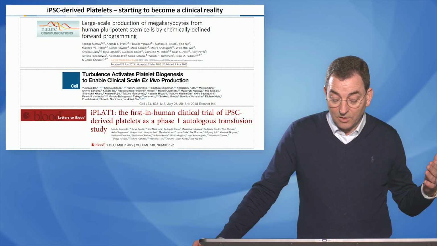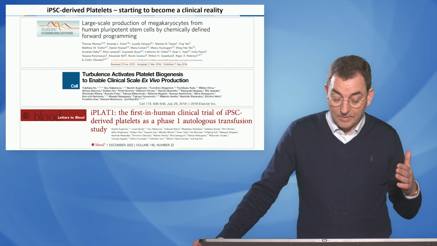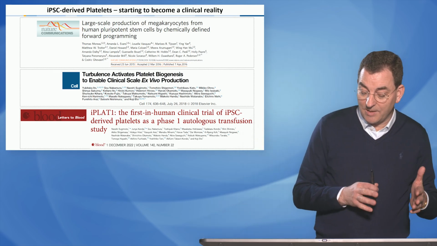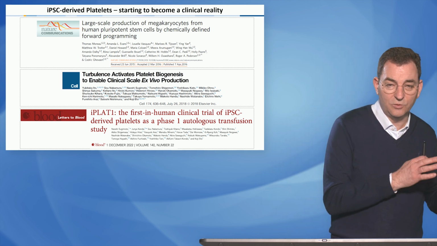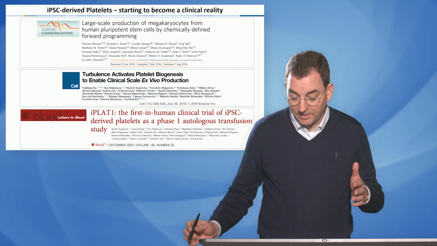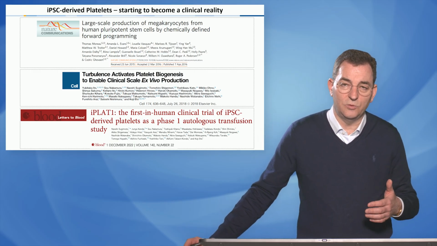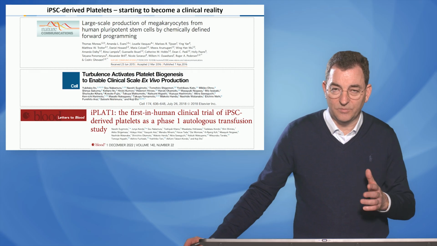And we are already also at the point that platelets which have been produced by iPSC differentiation, so induced pluripotent stem cells differentiated towards platelets, are already used for autologous transfusion in clinical studies, at least safety studies and so on. Phase 1 are safety studies.